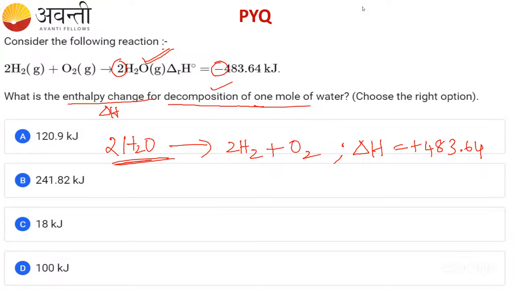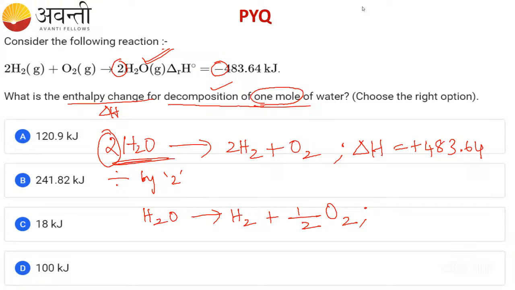But we have to find out the decomposition for 1 mole of water. There is the number 2, so if you divide it by 2, you will get H2O giving H2 plus half O2. Dividing this equation by 2, I have to divide the delta H also: 483.64 divided by 2 will be equal to plus 241.82 kilojoule.